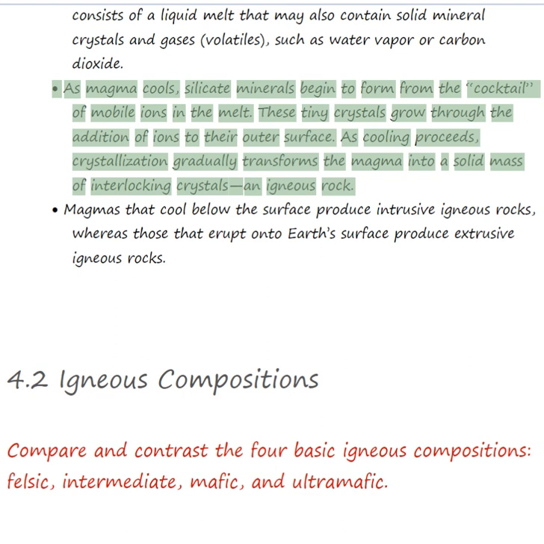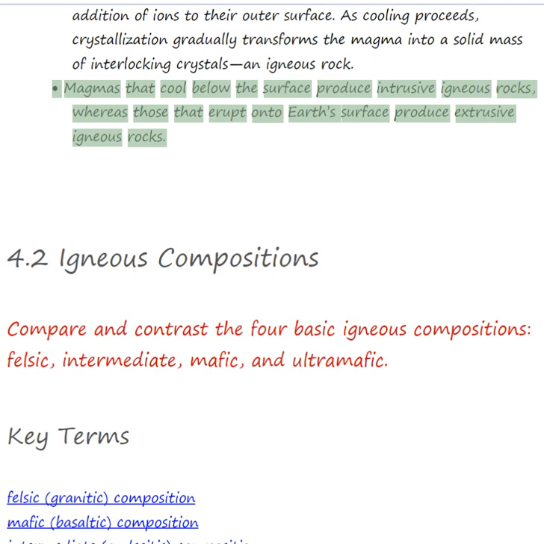As magma cools, silicate minerals begin to form from the cocktail of mobile ions in the melt. These tiny crystals grow through the addition of ions to their outer surface. As cooling proceeds, crystallization gradually transforms the magma into a solid mass of interlocking crystals, an igneous rock. Magmas that cool below the surface produce intrusive igneous rocks, whereas those that erupt onto Earth's surface produce extrusive igneous rocks.